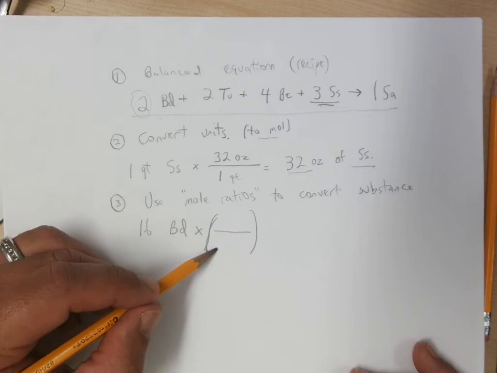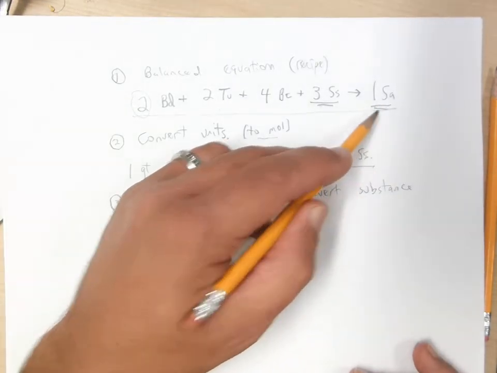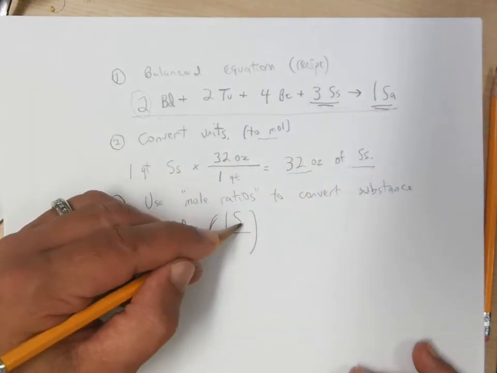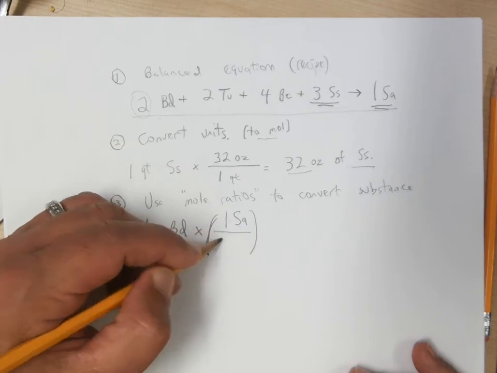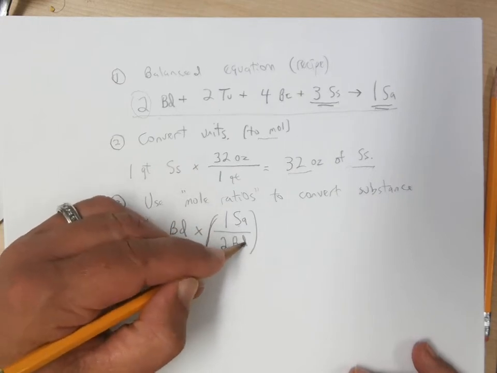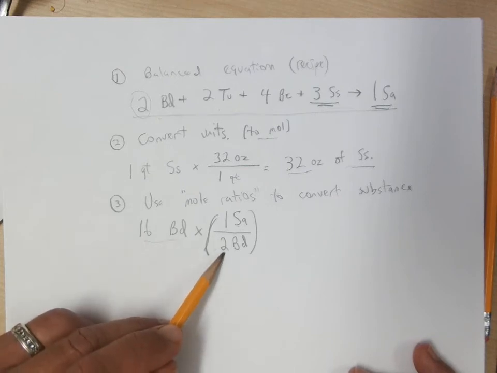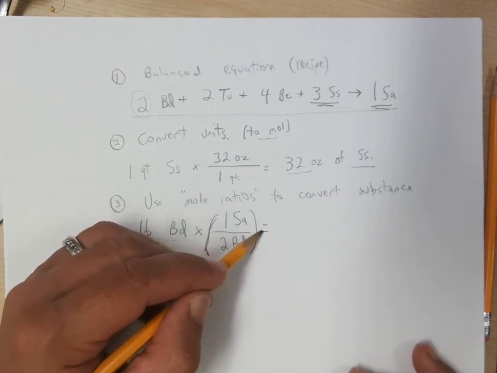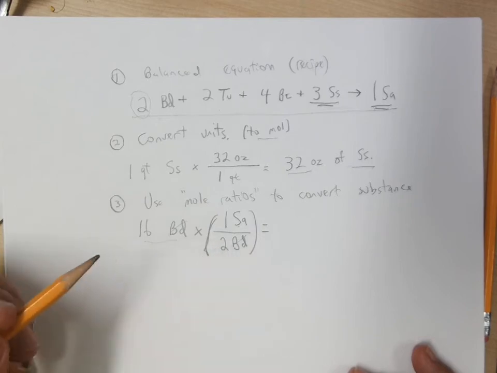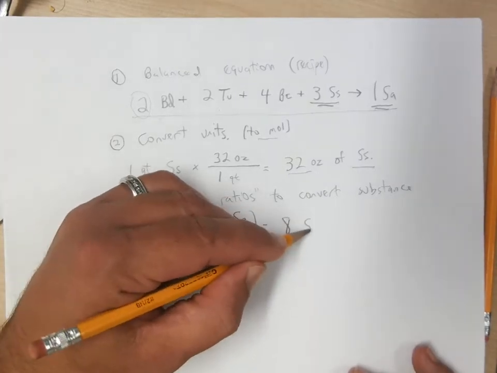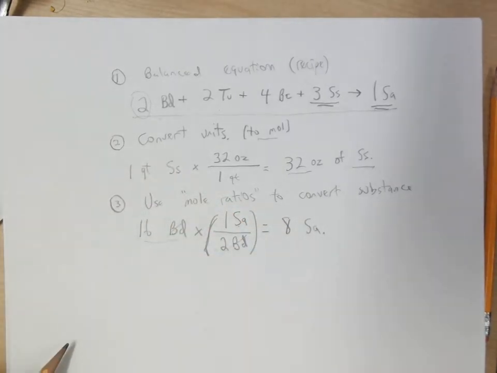But what we have from our recipe or a balanced chemical equation is 1 sandwich is the right amount for 2 pieces of bread. So if you have 16 pieces of bread, divide by 2 pieces of bread per sandwich, the breads cancel, you get sandwiches out, and you find out that if you used all the bread, you could make 8 sandwiches.